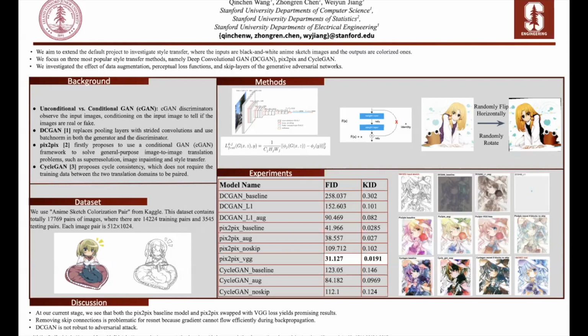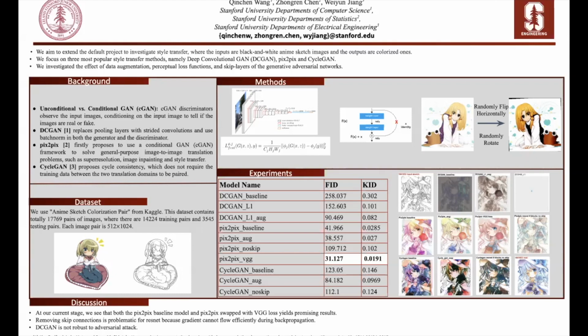To begin with, we would like to go over some background notation used in our project. The first one is the difference between the unconditional GAN and the conditional GAN. Compared with unconditional ones, conditional GANs will directly observe the input images, so the discriminators will condition on these input images to tell if the images are fake or real.